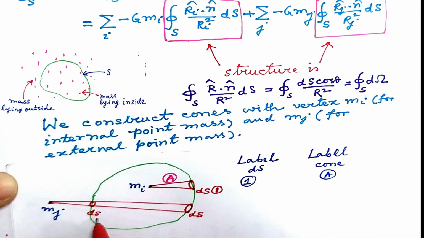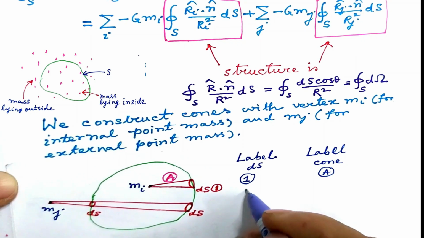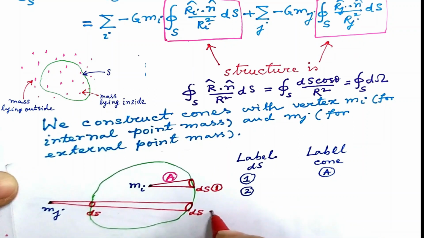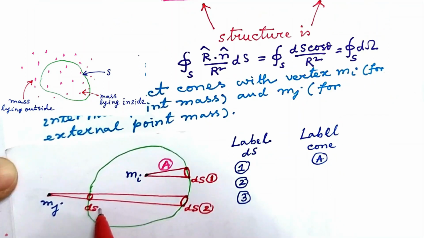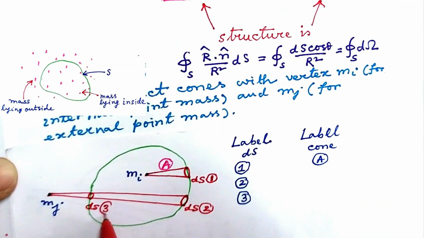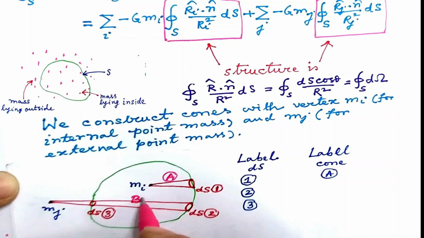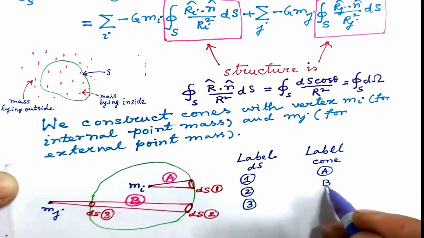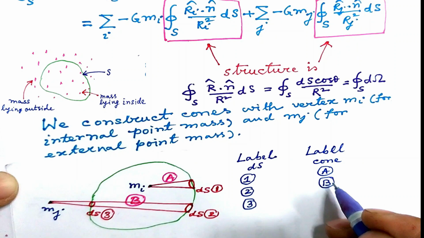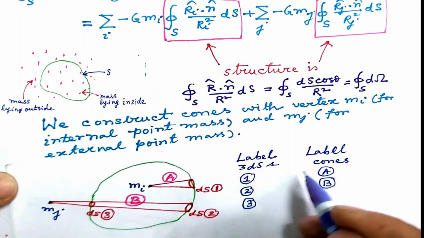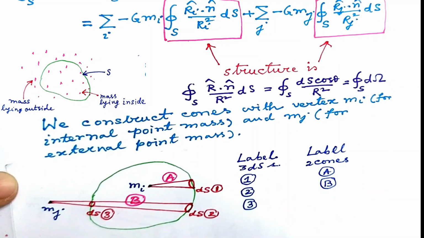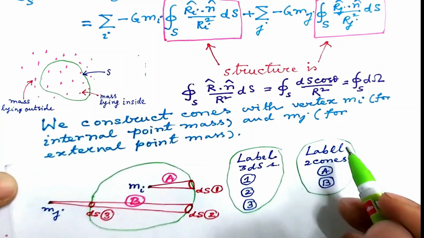Clearly, we have to label them for identification purposes, which we do now. This ds let us label by the encircled number 2 and we label this ds as the encircled number 3. This cone that has m_j, the jth external mass, as vertex, is labeled by the encircled letter B. Let us re-mention that such labeling of 3 ds's and 2 cones will help us in making future reference.